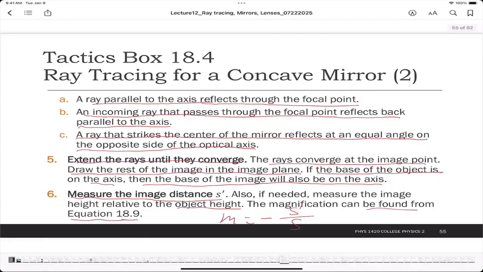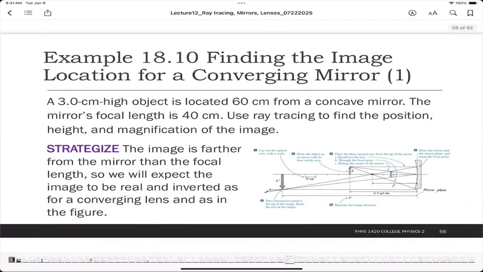Okay, this is how to do ray tracing for a concave mirror. You can see the steps are similar to ray tracing for a convergent lens and divergent lens. Okay, let's continue to talk about the concave mirror.